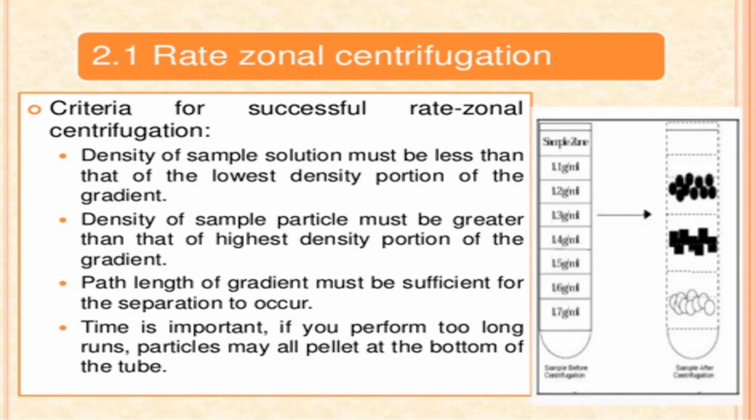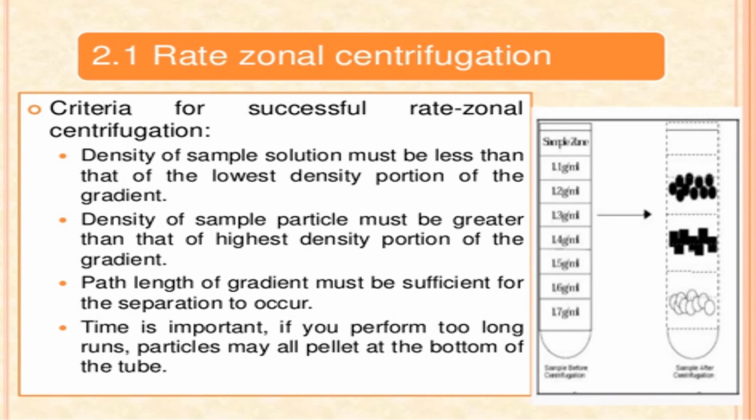When we add the separating substance, the particles separate where the density of the gradient matches their density. Then we spin the tube, and the particles are separated according to the density of the sucrose, so different pellets are achieved according to their density.